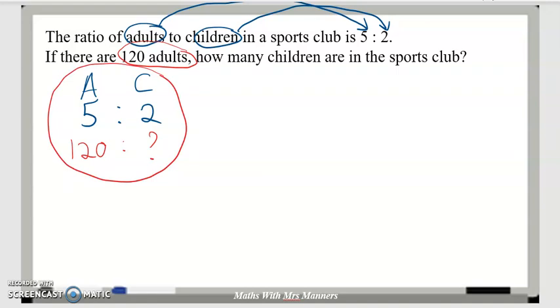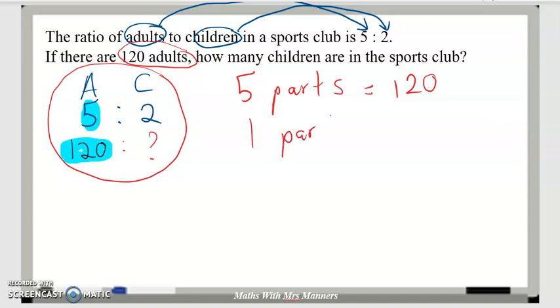Well, this time round, instead of linking the whole ratio, I'm just going to link up the 2 parts that I know. So what I do know is that 5 parts equals 120 adults, or 120 people. So if 5 parts equals 120 people, I can now find 1 part. Now I'm going from a bigger number to a smaller number, so in this case I'm not going to multiply, I'm going to divide by 5.